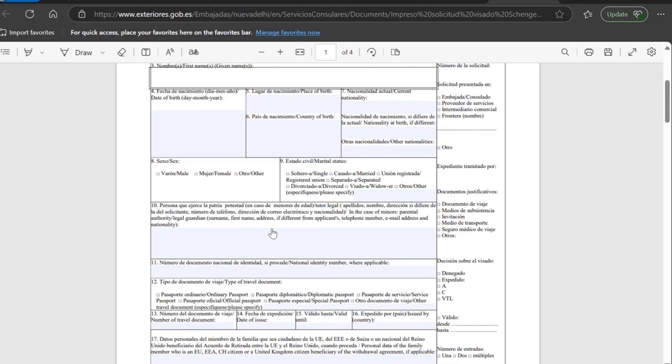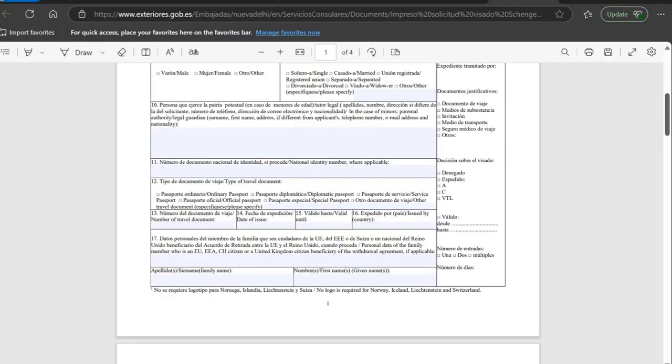marital status. Then in case of a minor, parental authority, legal guardian, if defined. National ID number where applicable. India nowadays you do get it, right.